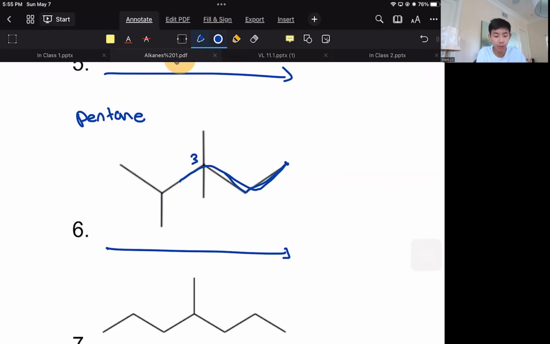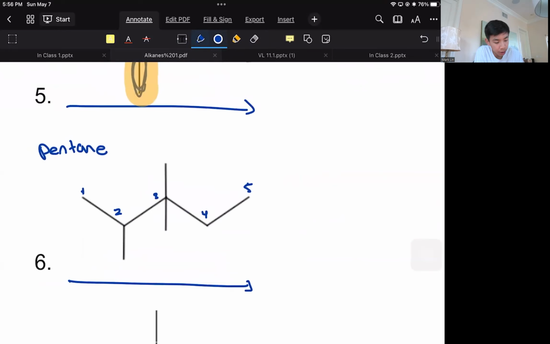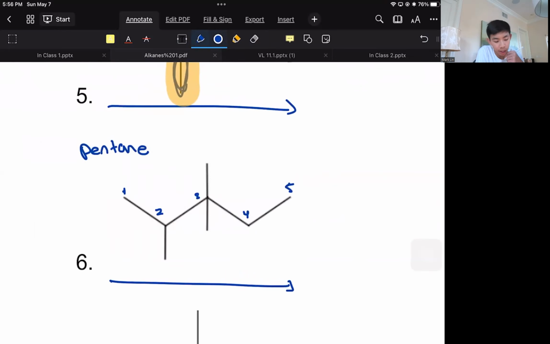So two is less than three, so we need to do the one that has the lower number. If that makes sense. All right, so let's just do one, two, three, four, five. You might also be asking, why don't you just start from here at one? That could also work. You're going to get the same thing.